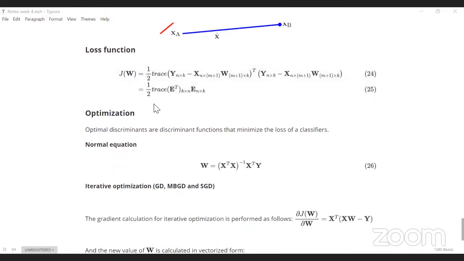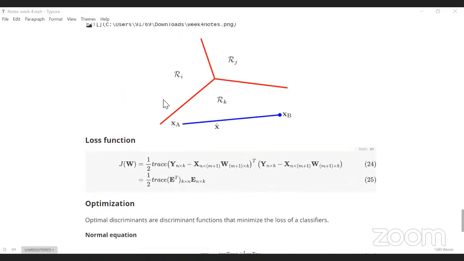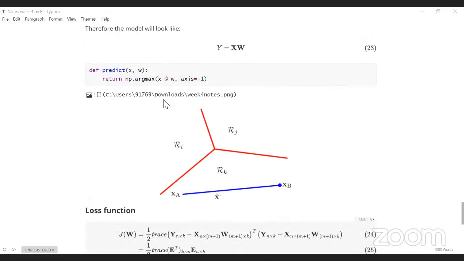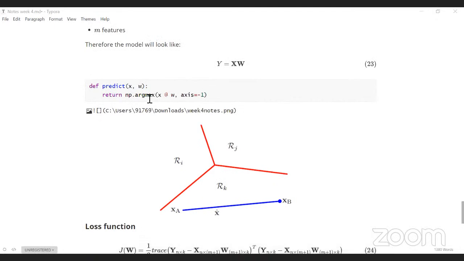Sorry, just a quick question. To understand this, the predict function is going to give you the class which has the highest probability, right? Yeah, the highest value. It gives the class. Now the class could be 0, 1, 2, 3.